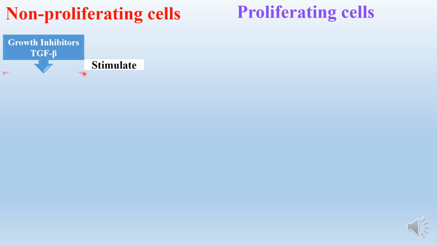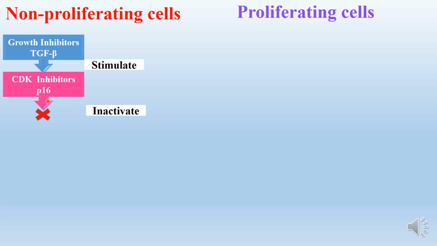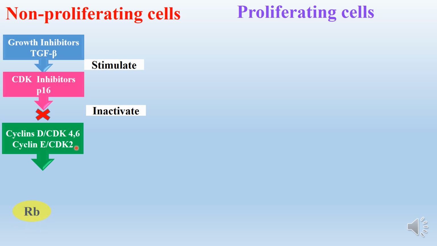Now we will look at the role of retinoblastoma. So in a non-proliferating or non-dividing cell, what is happening? There are growth inhibitors, TGF beta. It stimulates the CDK inhibitor P16, which we saw. This P16 inactivates, and therefore the cyclin D CDK4/6 or cyclin E CDK2 complex is inactivated.